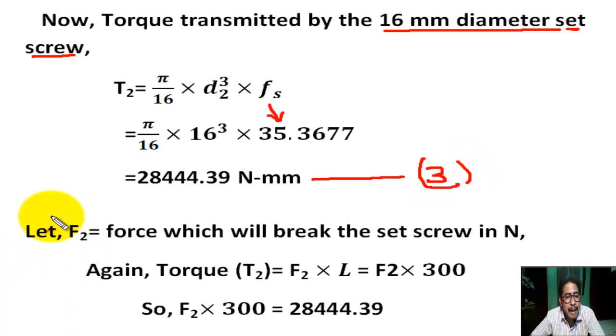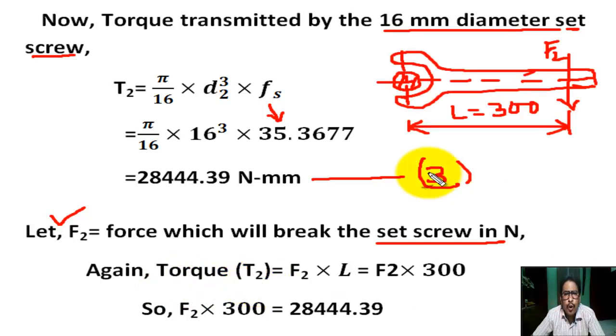In second case, let F2 be the force which will break the set screw in Newton. Again, torque T2.